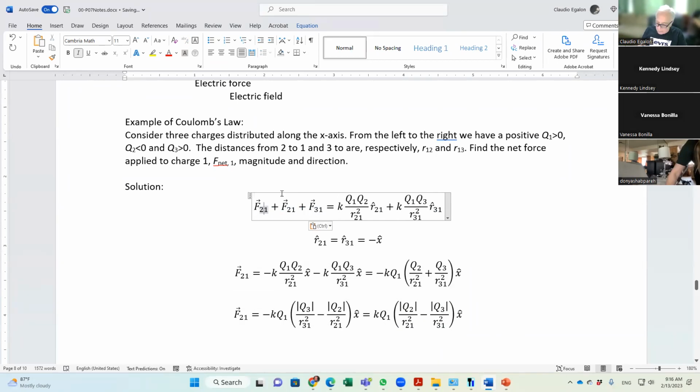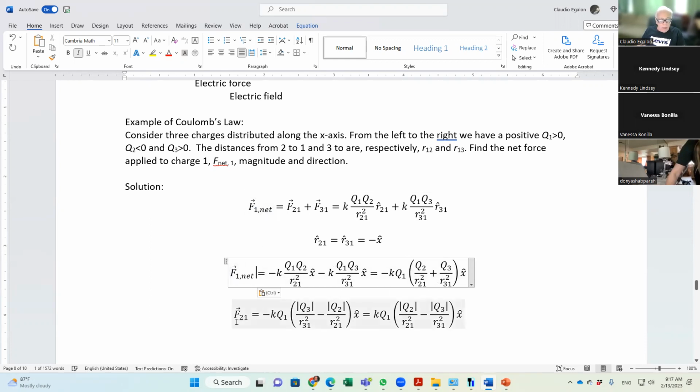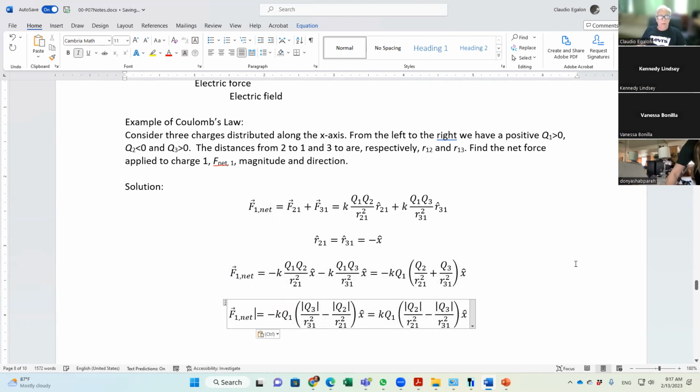I want to find the net force applied to 1. That would be the right way. I'll fix that as well. That's force of 2 in 1. That's force of 3 in 1.